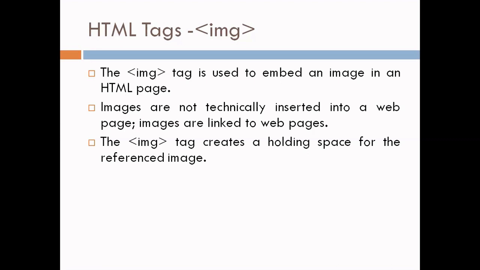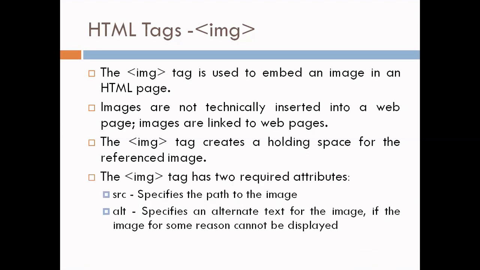So it will occupy that space, and the rest of the data will be displayed in another space. Again, the IMG tag is a self-ending tag, like the HR tag, so it does not require an ending tag.